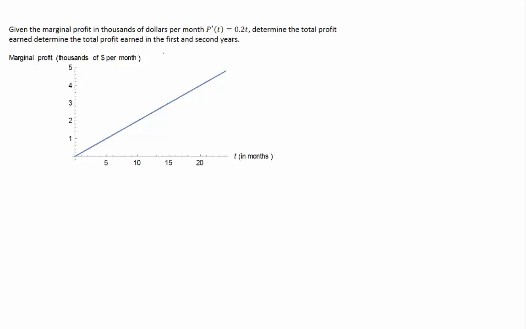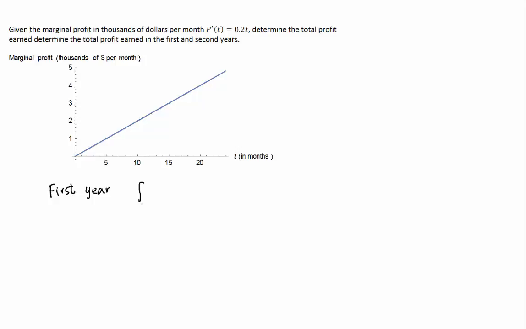and you want to determine the total function, for example, the profit for the first year would be the definite integral. Now I'm not drawing rectangles or triangles, but actually doing it with the fundamental theorem of calculus.